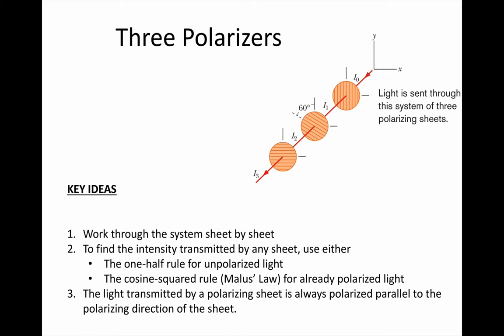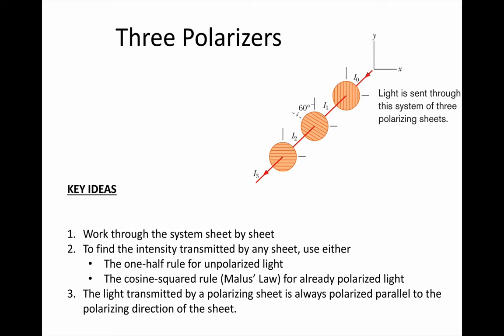next. So for each one, to find the intensity, if the incident light is unpolarized, it's the 1/2 rule. If the incident light is polarized, then you use Malus's law. And then to find the direction, the light transmitted by a polarizing sheet is always polarized parallel to the polarizing direction of that sheet.